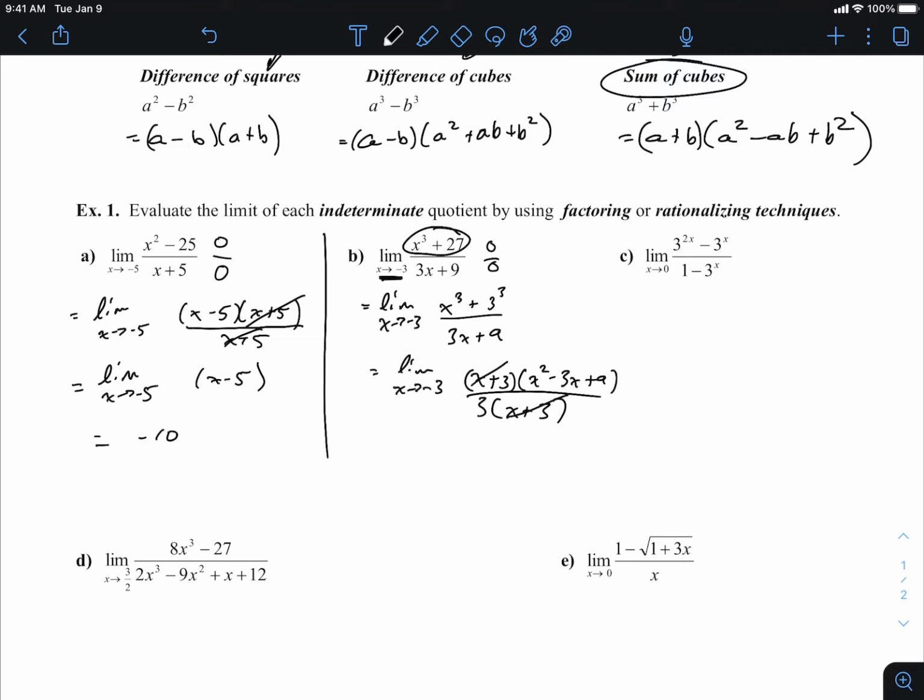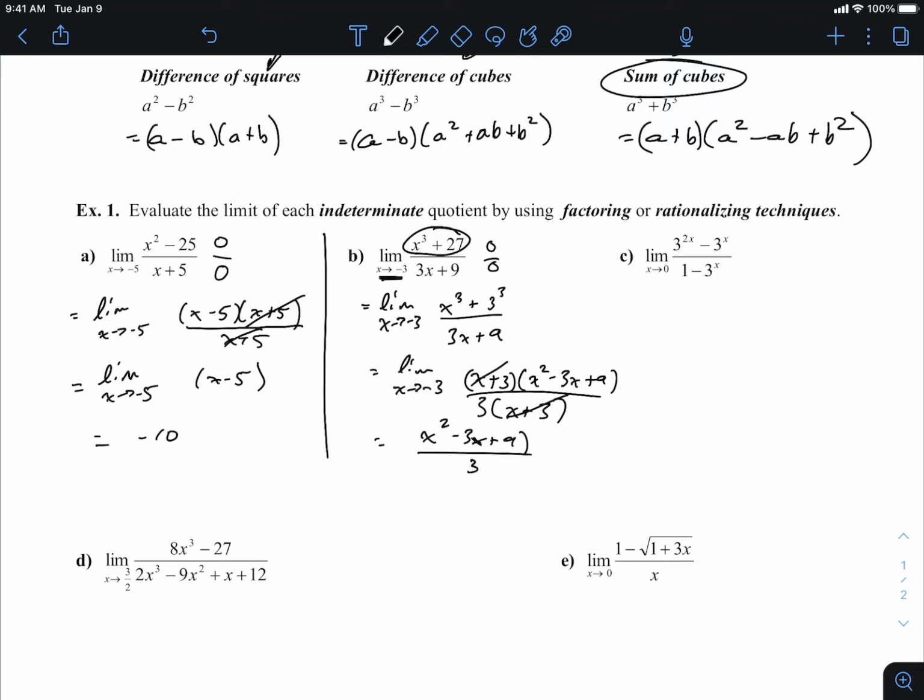Okay. Now we have this nice function that we can evaluate the limit at, right? Because we know we're not going to get a 0 in the denominator because there's nowhere to put an x value anymore, right? So we're on the right track. Here I'll rewrite it just to clean it up: the limit of x squared minus 3x plus 9 divided by 3.